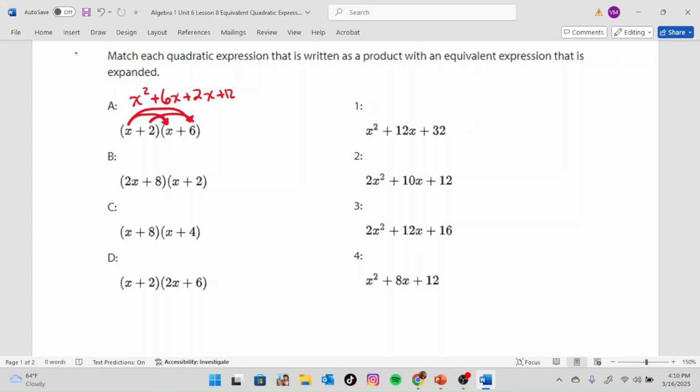So what we want to find is x squared. We can add 6x plus 2x so that we get 8x plus 12, and we see that right down here with number 4.